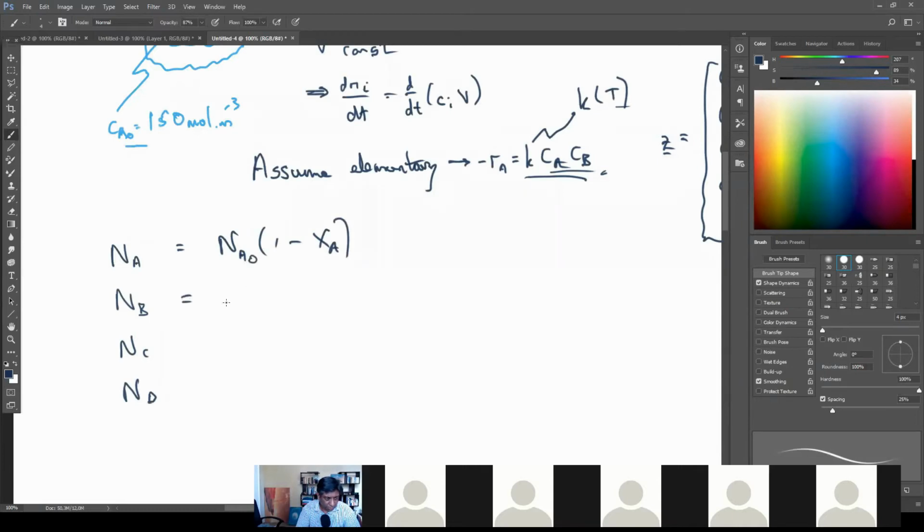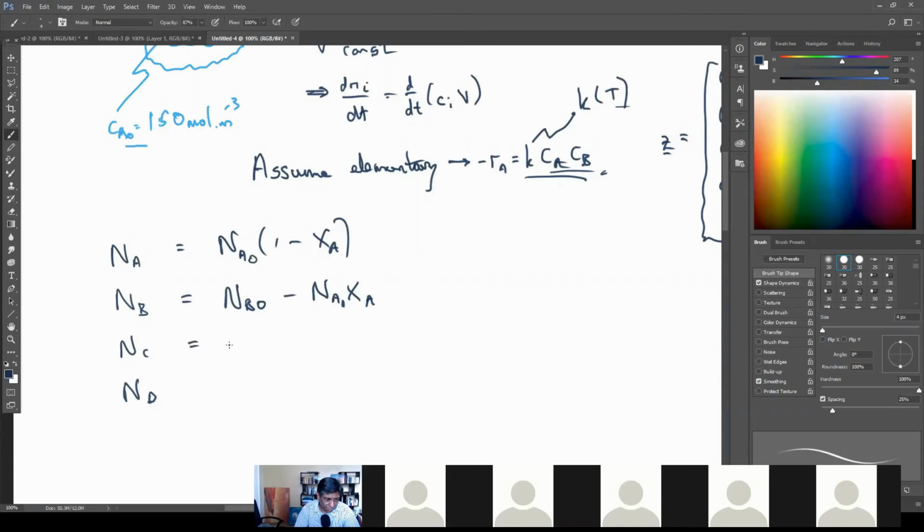NB is NB naught minus NA naught XA. This tells us how much of A reacts, and the amount of B that reacts is equal to the amount of A that reacts. So we know that's there.